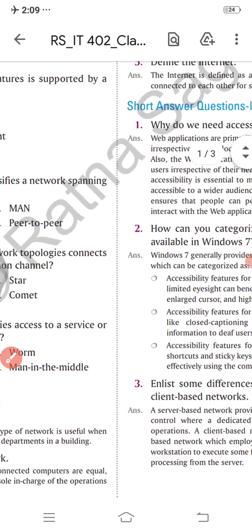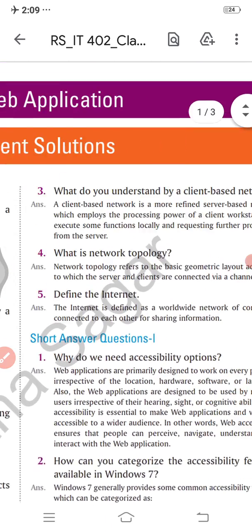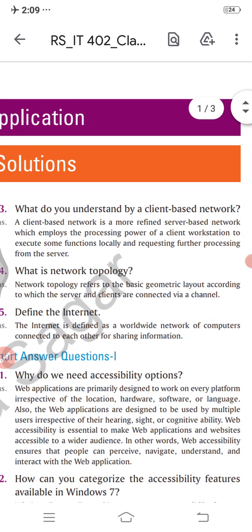So now dear students, here is question number 3. What do you understand by client based network? You should know very well, and this question is also very important. You can understand very easily that client means a customer.